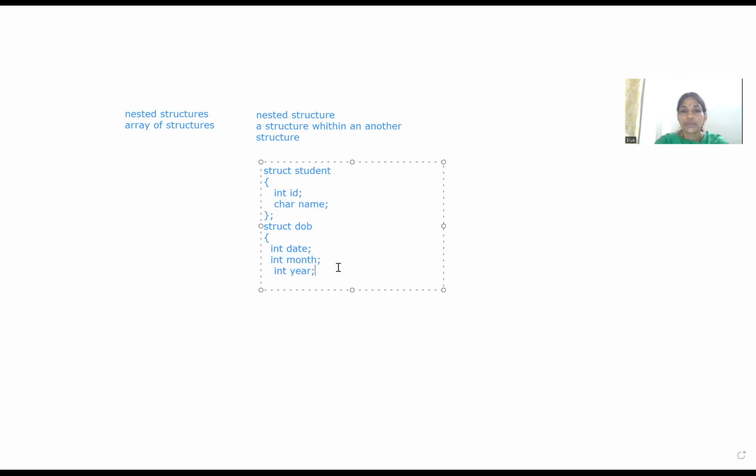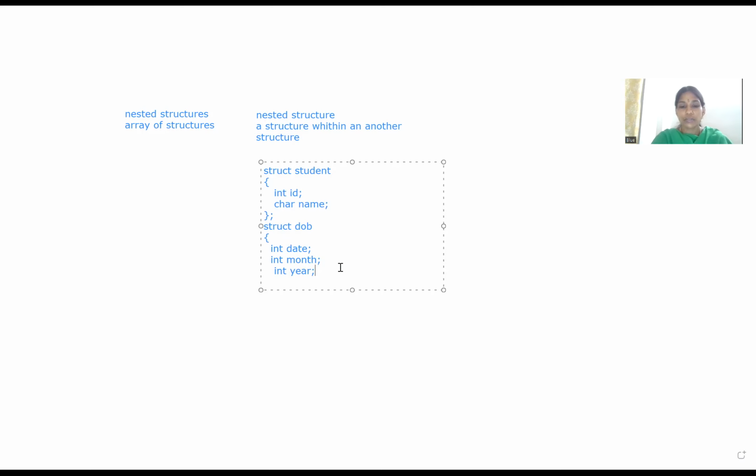When we are initializing the values, we have to create the structure variable. Wherever we write the nested structure, this is called the first structure, and this is the nested structure: a structure within another structure.